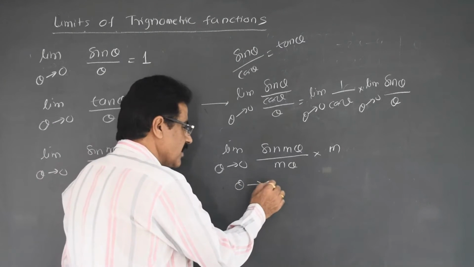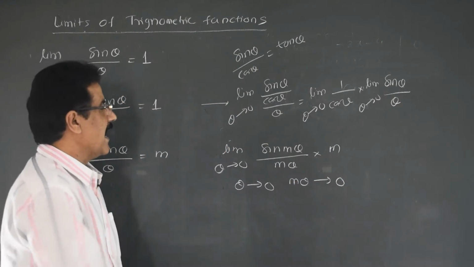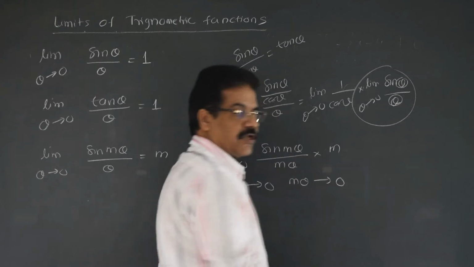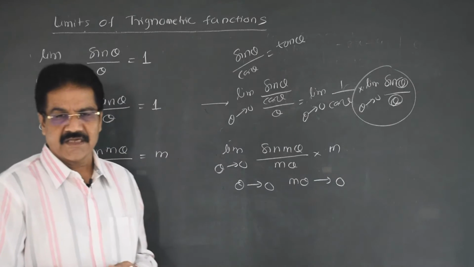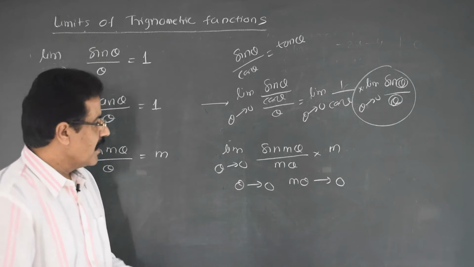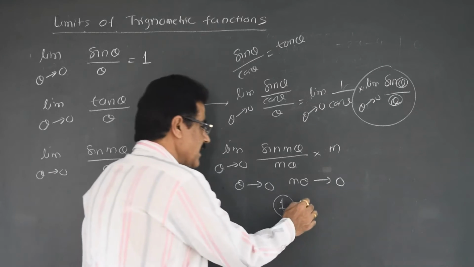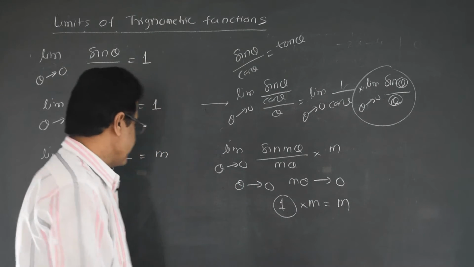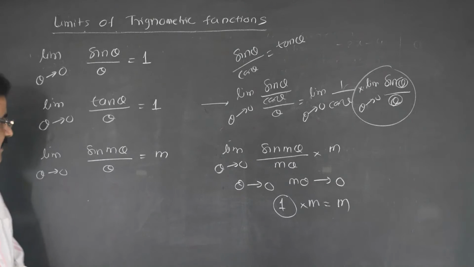When theta tends to 0, then m theta also tends to 0. So whenever you are using the formula that sin theta upon theta is equal to 1, this angle approaches 0. Whether the angle is theta or m theta doesn't make any difference, because as theta approaches 0, naturally m theta also approaches 0, and therefore sin m theta upon m theta can be taken directly as 1, and then m can be written as it is to get the value of this limit as m, and therefore sin of m theta upon theta can be written directly as m.